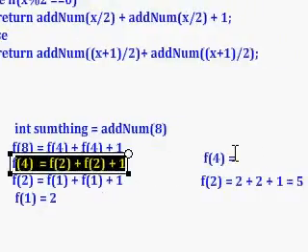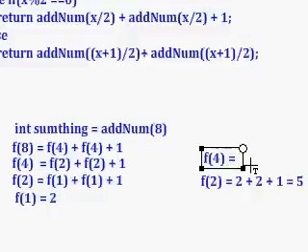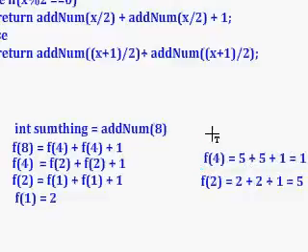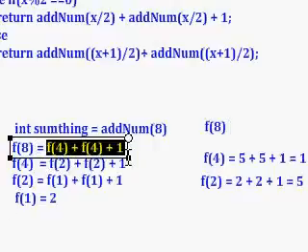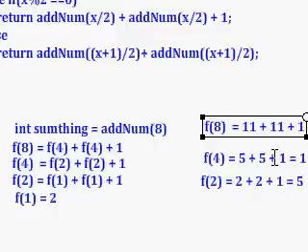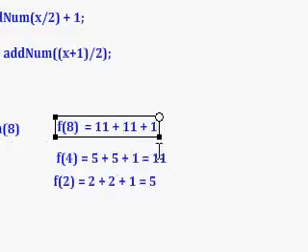So that means it's going to be 5 plus 5 plus 1 equals 11. And finally, f of 8, the original call. As we know, it's equal to f of 4 plus f of 4 plus 1. So, equal to 11 plus 11 plus 1, which equals 22. 23. Bad math there.